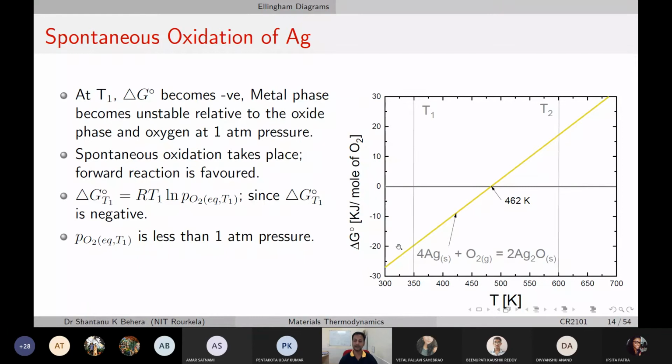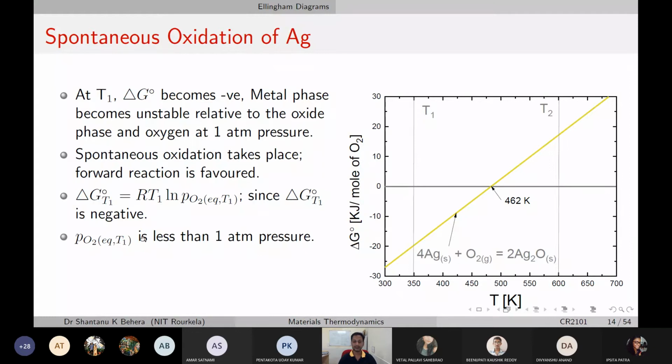That's because del G is so negative, it'll lead to a spontaneous oxidation of this metal. That means if the temperature is lower than the equilibrium temperature for that particular pressure, then a spontaneous oxidation of the metal would happen, and this is going to be much higher.